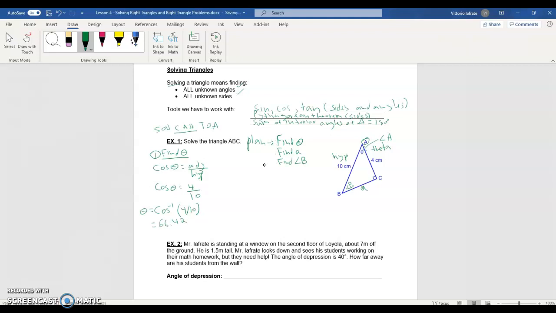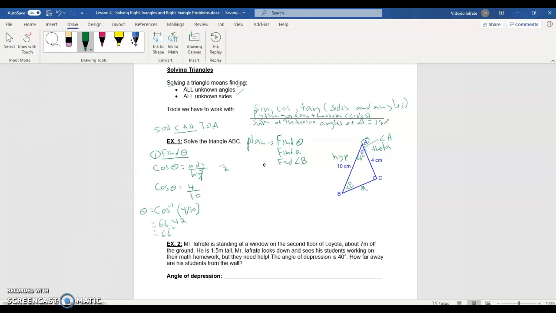I'm going to round the angles to the nearest whole number in this case. So we'll get approximately 66 degrees for theta. So we can go in there and write 66 degrees now. So we have that. We can solve for angle B now because we know the sum of the interior angles of the triangle is 180.